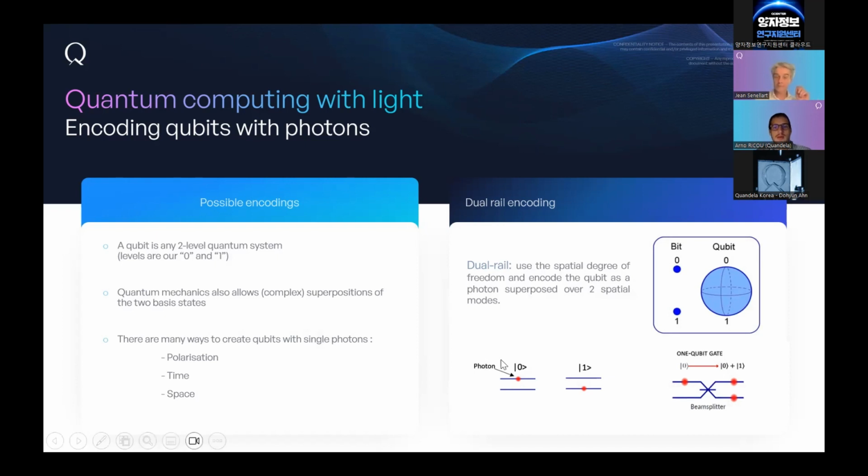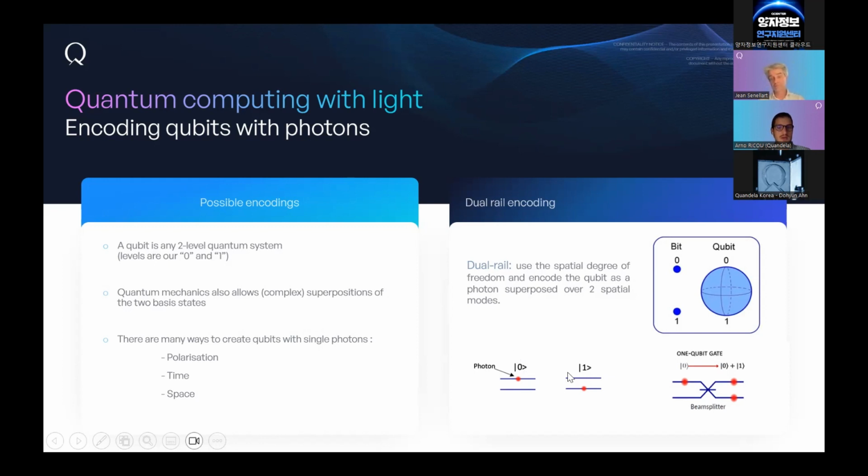So what is more specifically the encoding? We take one photon and two optical modes, which we also call waveguides, or fibers. These are represented by the two blue lines that you see here. If we send a photon in the upper waveguide, or the upper mode, it's a qubit in state 0.